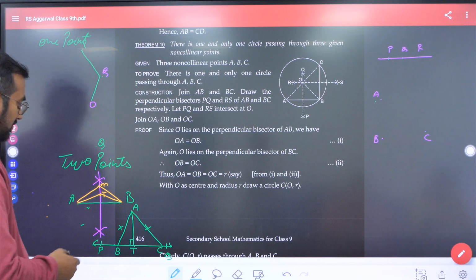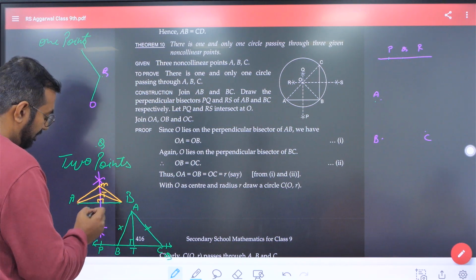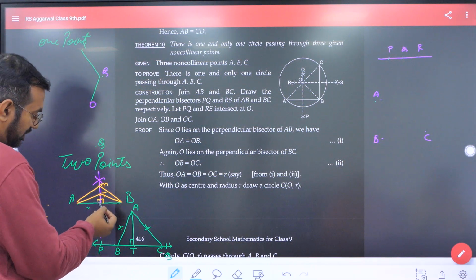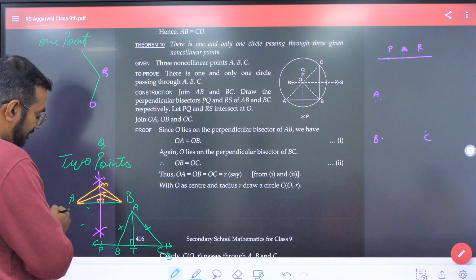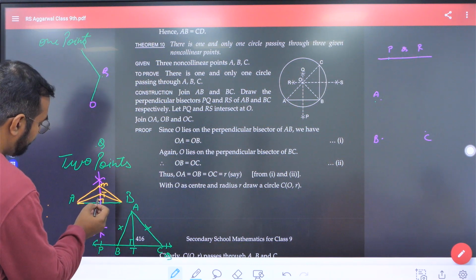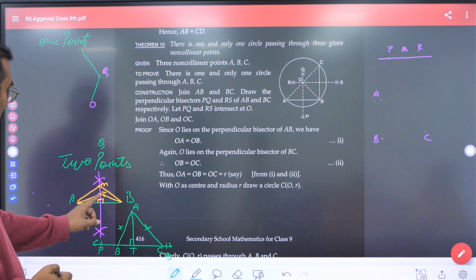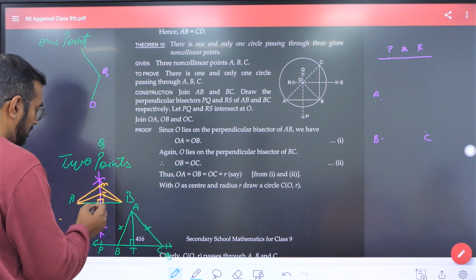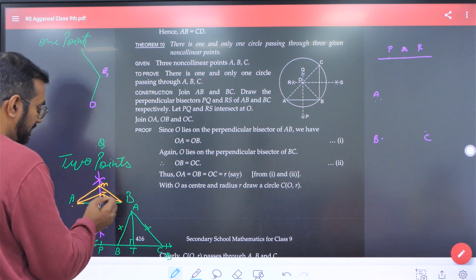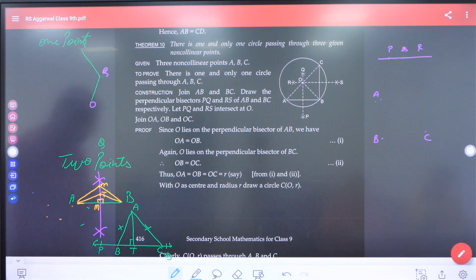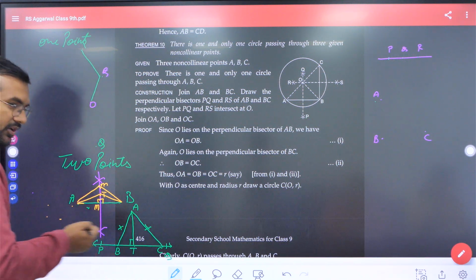You may ask how. Look, AT and BT. This one is the perpendicular bisector, so we can take it as a right angle, 90 and 90. In these two triangles, ATM and BTM, you can see that the triangles ATM and BTM are congruent.